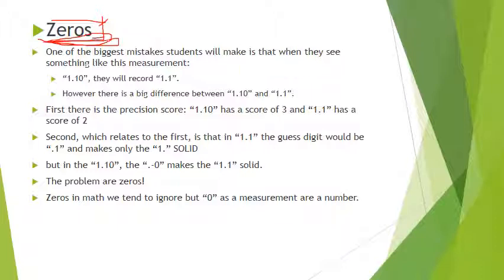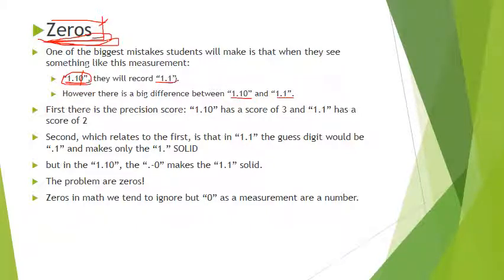A lot of times students, if they see 1.10, will just forget about the 0 and write down 1.1. And like I told you, there's a big difference between these two numbers. Let's look at their precisions. 1.10 has a score of 3: 1, 2, 3.